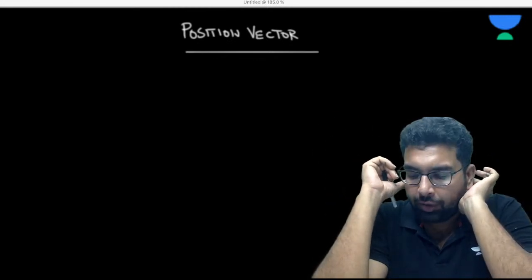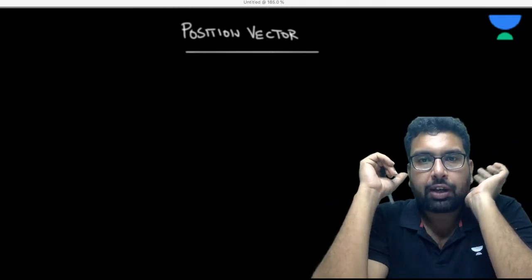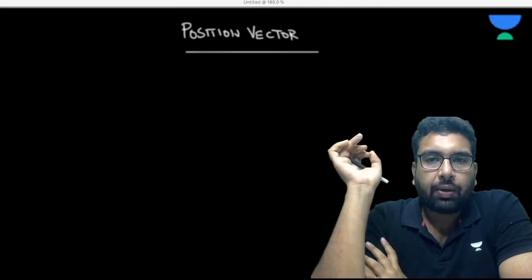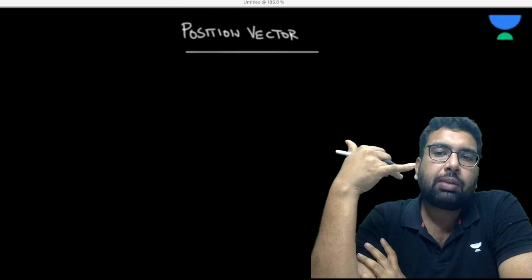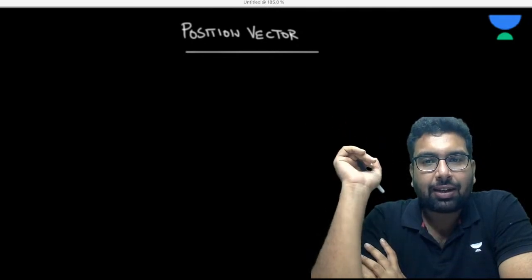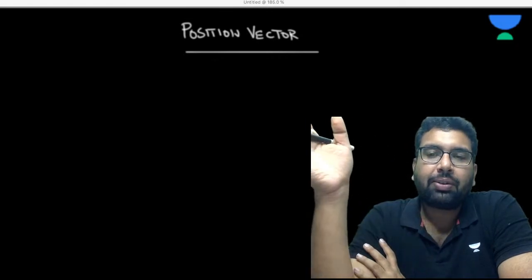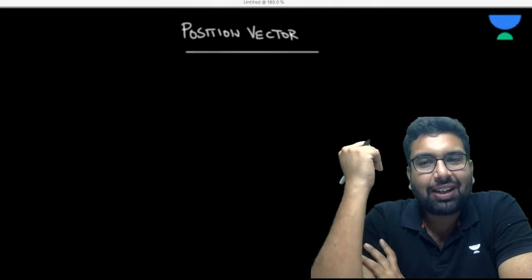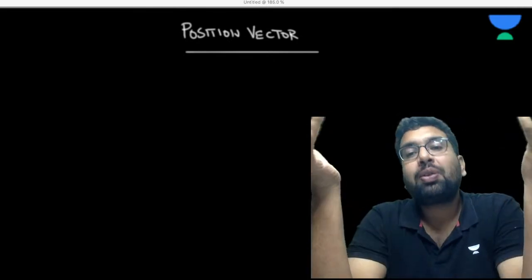For example, my home is very near to IIT Roorkee, so I say, please come to this number gate of IIT Roorkee, and from there take a right turn. Then move in a straight direction, then take the first left.